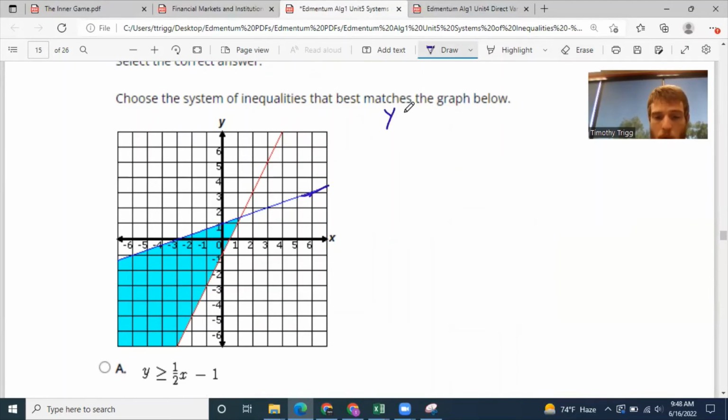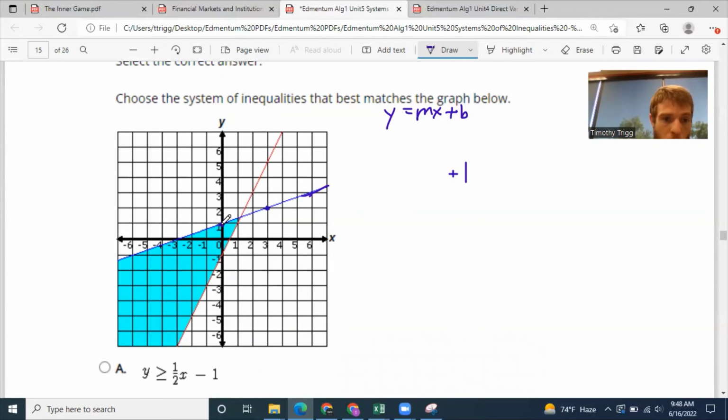Well, remember, we could always think of it in y equals mx plus b, slope-intercept form. So we could find the slope and the y-intercept of this line. Well, the y-intercept you see here, that's where it crosses the y-axis. So in our case, the y-intercept, the b, is 1. And then we could look at the slope.